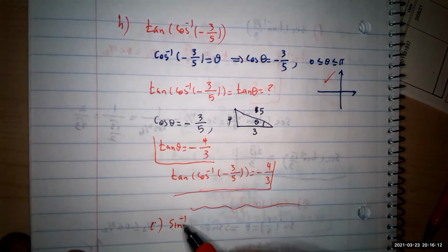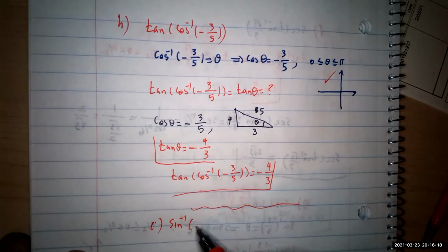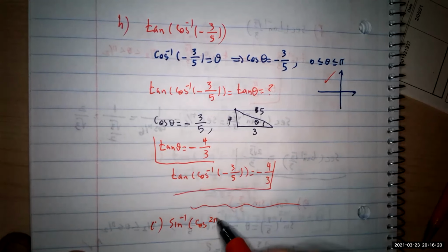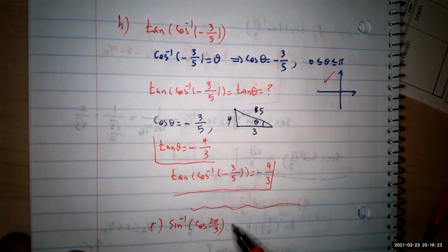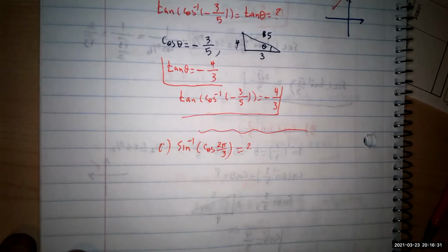So we want to find sine inverse of the cosine of 2 pi third. Cosine of 2 pi third. 2 pi third is the known angle, and we can easily take care of it. This is 120 degrees.